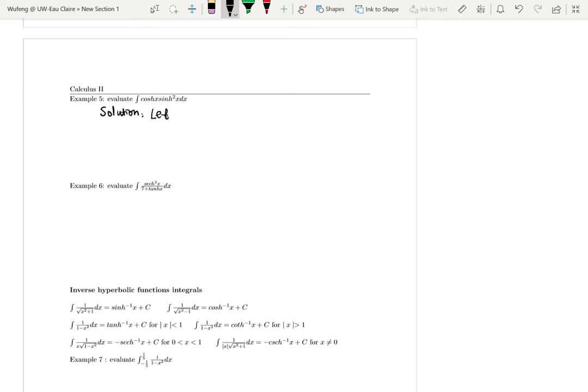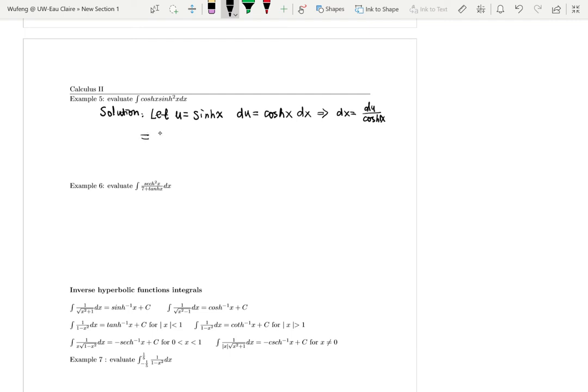So we'll let u equals hyperbolic sine x and du equals hyperbolic cosine x dx. So you can solve dx equals du over hyperbolic cosine x.